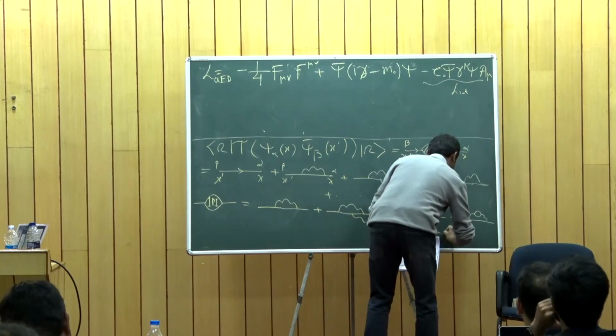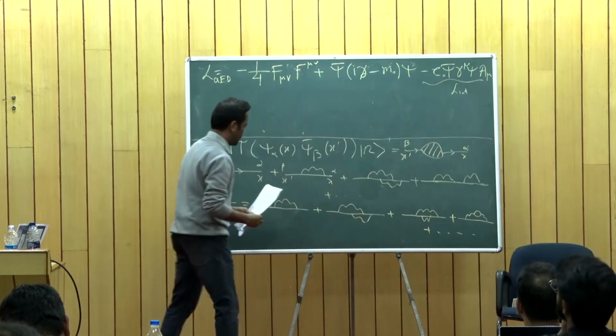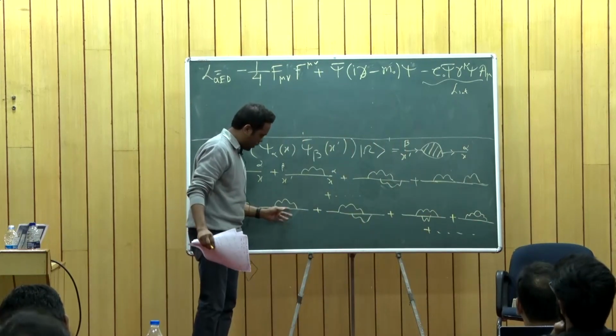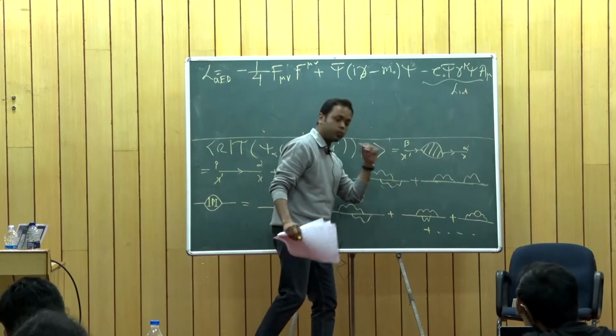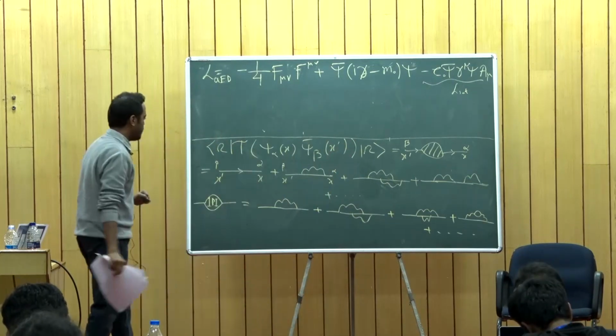And so on. These are all 1PI diagrams. If you cut any internal line of these diagrams, they don't give you two separate diagrams.